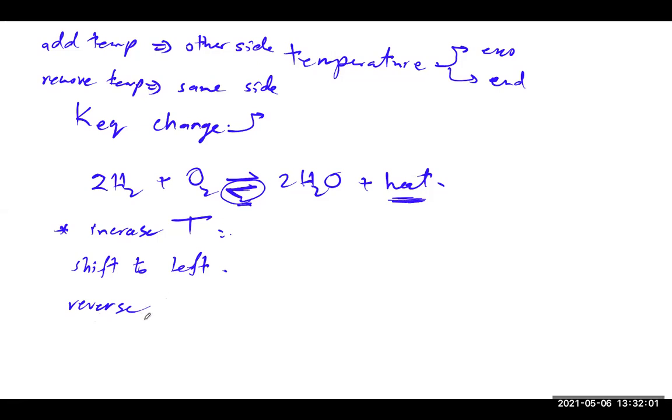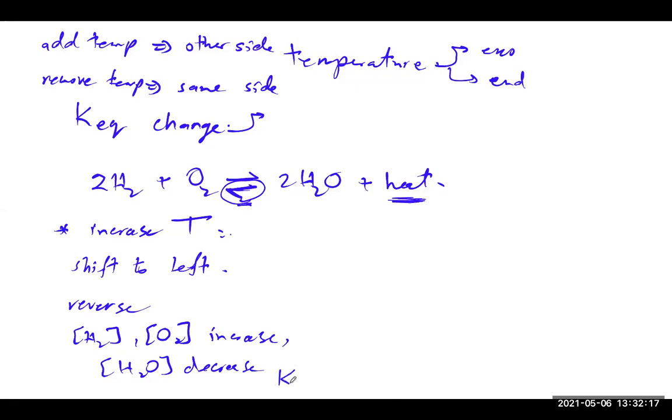And if we increase the rate of the reverse, we'll produce more H2 and O2, so their concentration will increase. And the concentration of H2O will decrease because we will consume more H2O. Here, we need to check the equilibrium constant. If we decrease the concentration of the product, the equilibrium constant will also decrease.